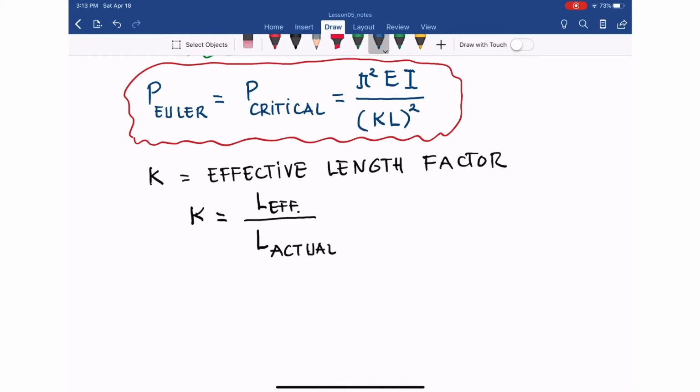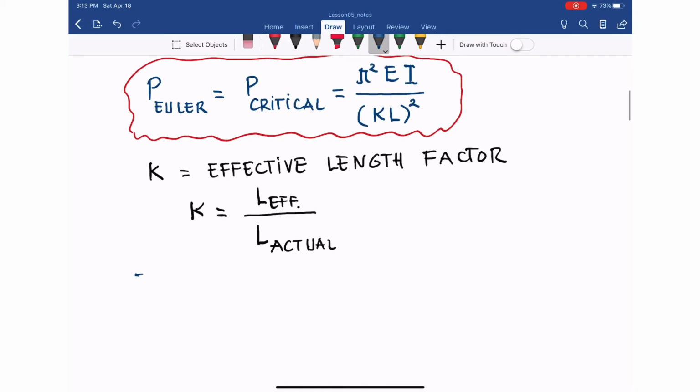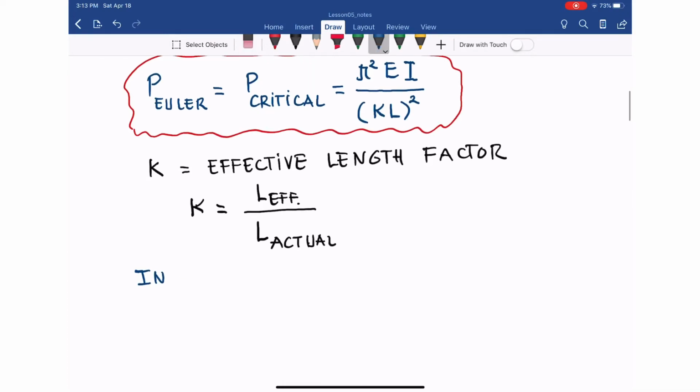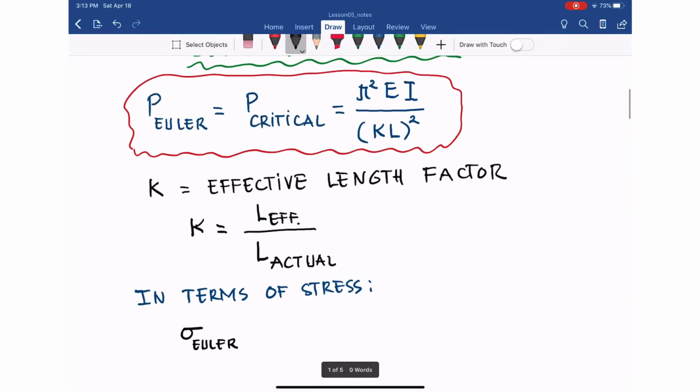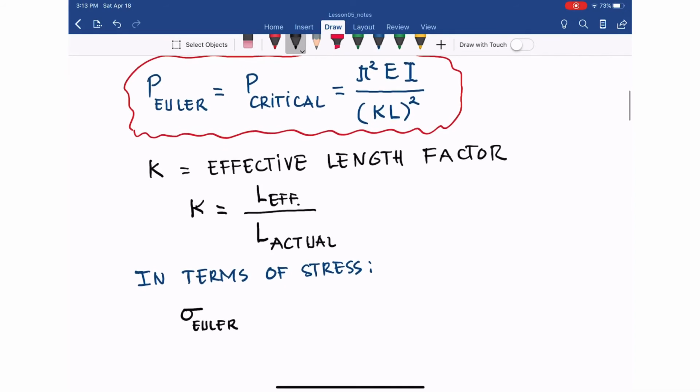How can we determine the stress? In terms of stress, we can have sigma, the normal stress due to buckling, which we call sigma Euler, due to the force P, or P critical, the critical load.